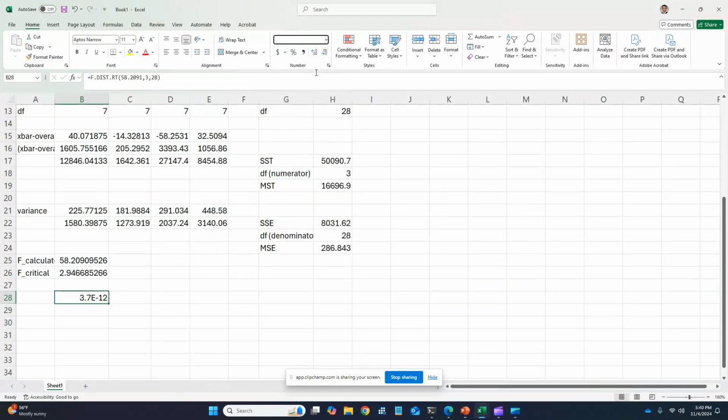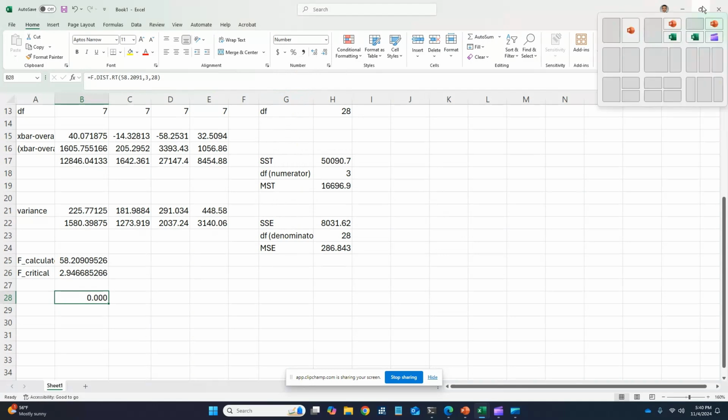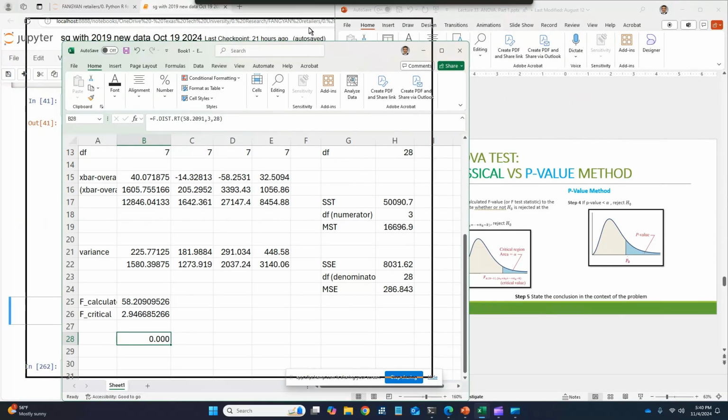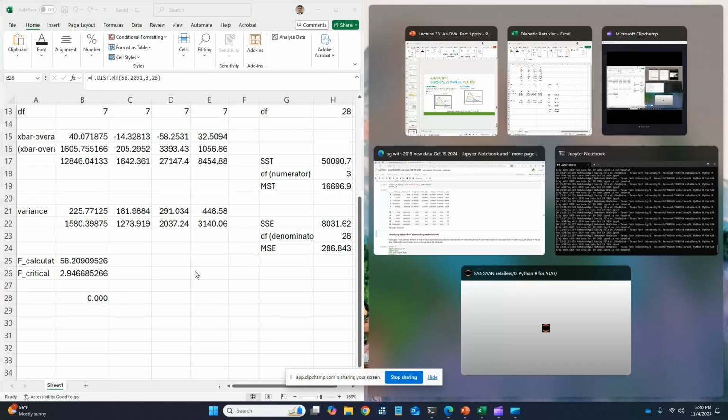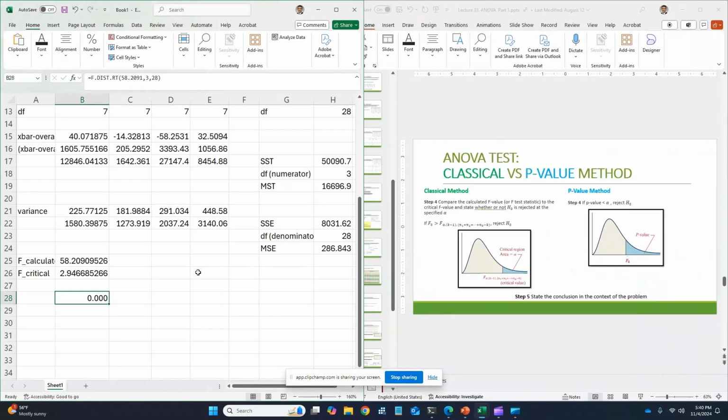It's a scientific number, so the p-value is almost 0. And when the p-value is almost 0, then it's also evidence in favor of rejecting the null.